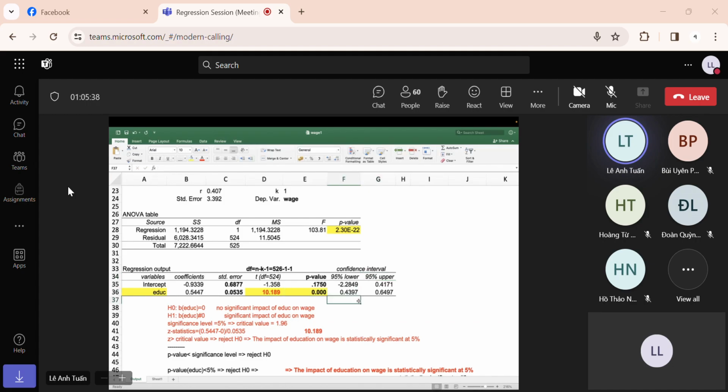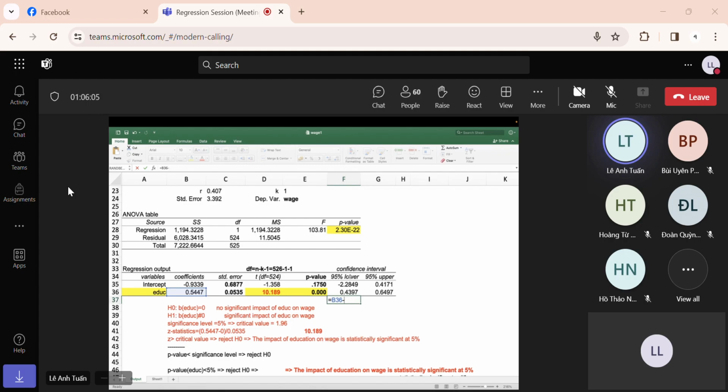This is the lower bound: we have the coefficient, and we minus the margin of error. The margin of error equals the critical value times the standard error. If we calculate the 95% confidence interval, the critical value equals 1.96.